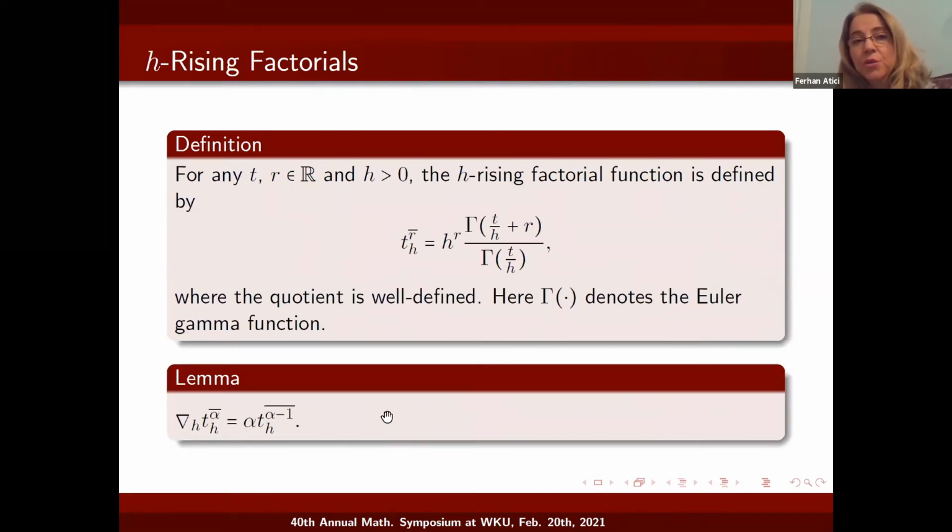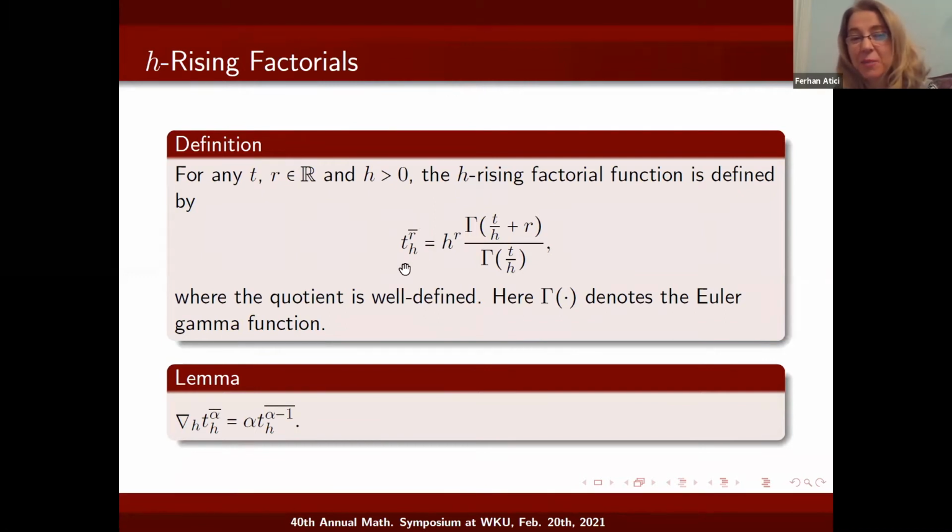I like to continue with rising factorial power. Rising factorial power is something that we use all the time for discrete calculus. The reason is we like to have polynomials, and we don't use the polynomials of continuous time. We use the polynomials of discrete time, with the use of this definition, rising factorial power.